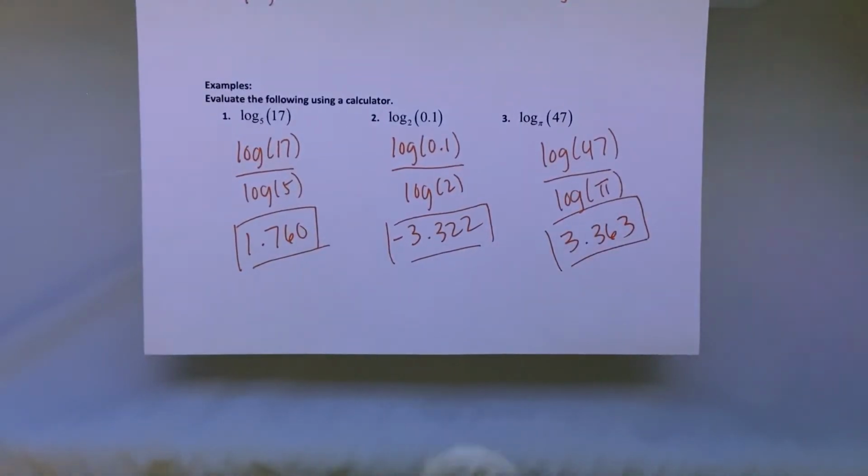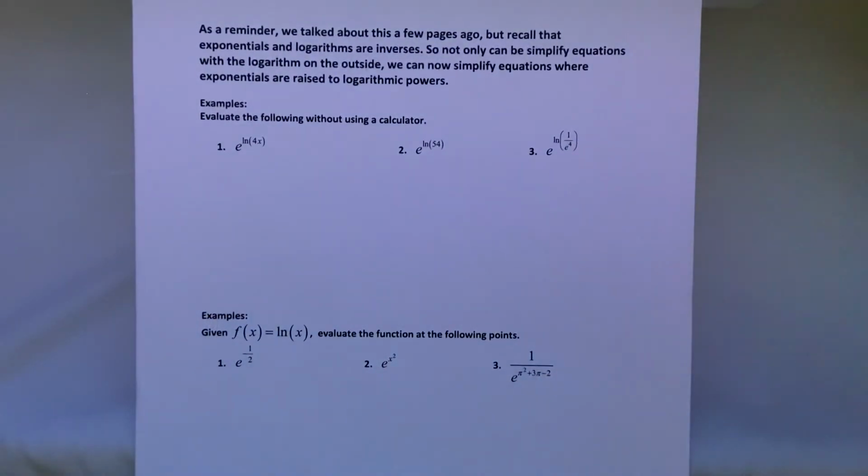So from here, we just have a few more applications of logarithms and e. As a reminder, we talked about this a few days ago, but remember logarithms and exponentials are inverses, so not only can we simplify equations with logarithms on the outside, we can now simplify equations where exponentials are raised to logarithms as well. So not only is the log base 2 of 2 equal to 1, 2 to the log base 2 power is also 1.